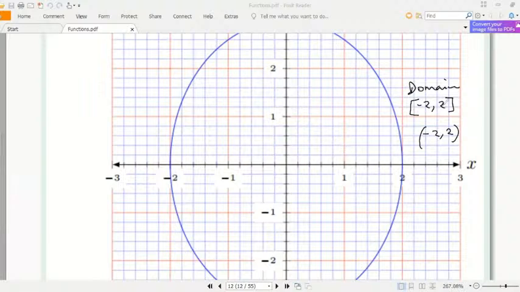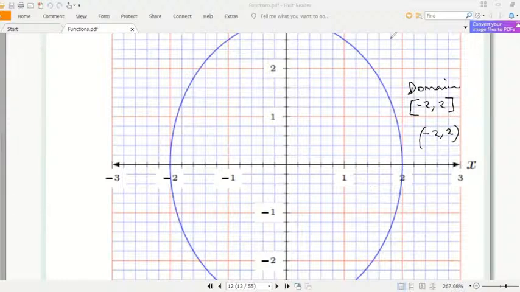So this is the domain, the set of the x values. So we have -1, -2, 0 here, 1, 2. All these values are in the domain. What about the range? The range are the y values.